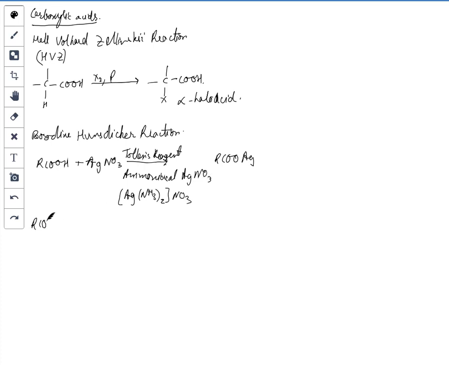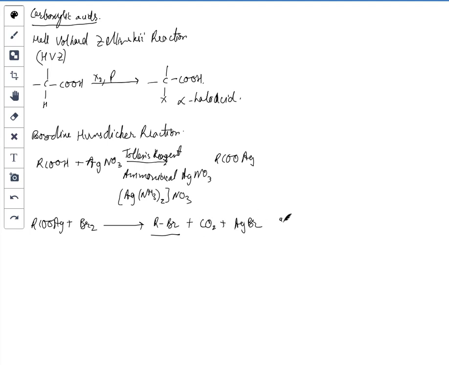Now this RCOOAg is reacted with Cl2 or Br2, and again we prefer Br2 because of its less reactivity, to give us RBr plus CO2 plus AgBr. So here we are able to get an alkyl halide having one carbon less than the carboxylic acid.